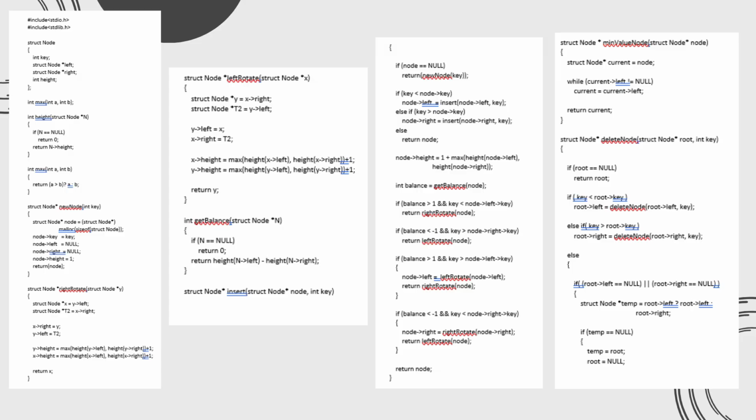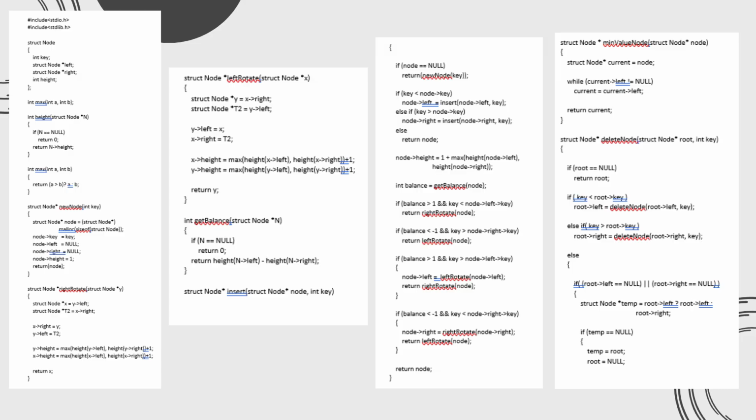Ang height function gigamit para kuhaon ang height sa usa ka node. Kung ang node kay null, mobalik siya og 0. Ug ang importante ni aron malikayan ang segmentation fault o para sakto ang computation sa balance factor. Ang int max kay helper function na siya para nga nagbalik sa mas dako nga value sa duha ka integers.